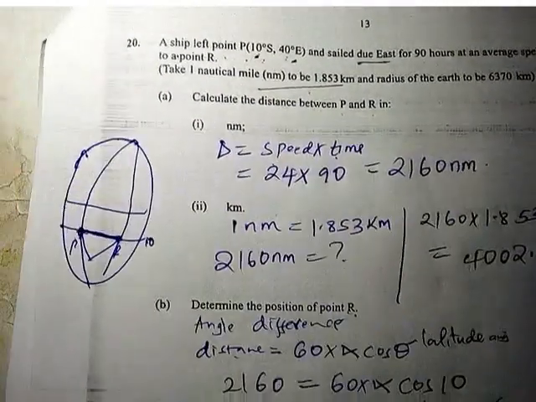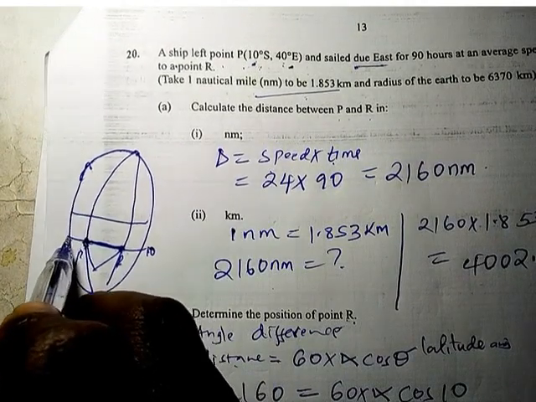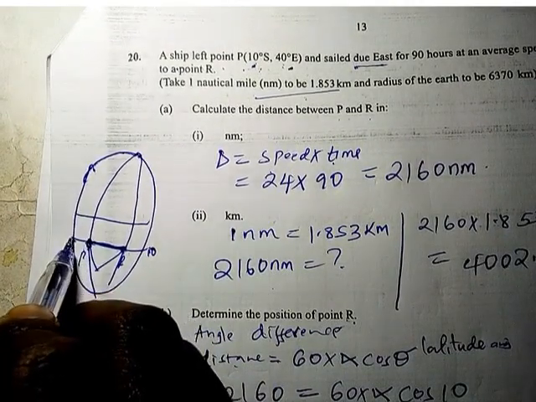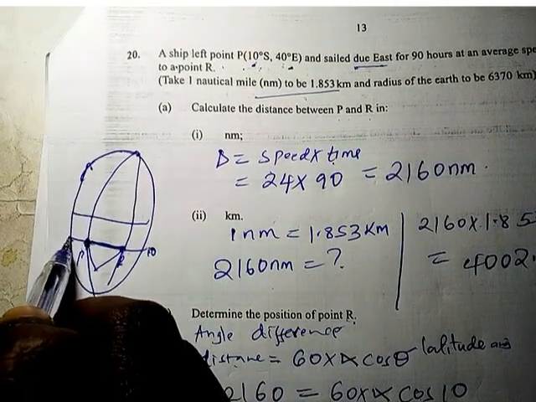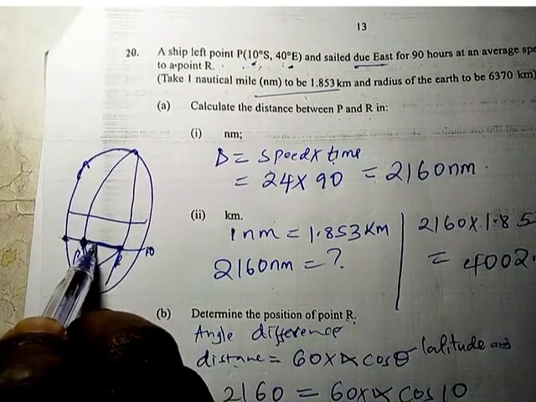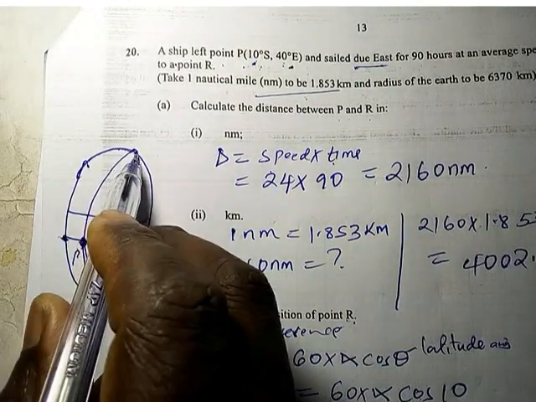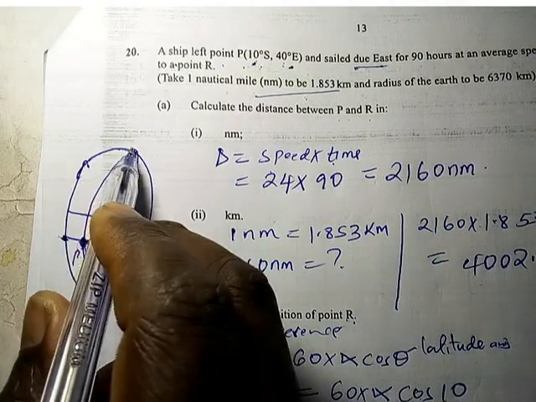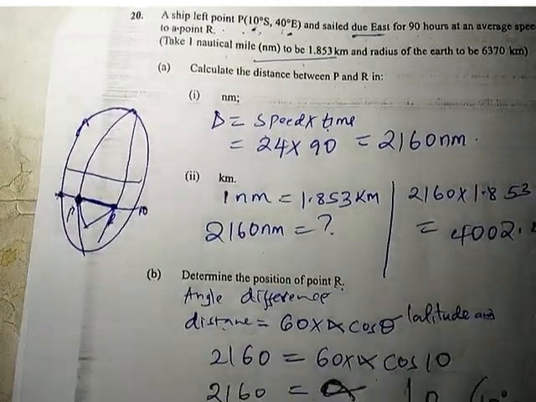If point R ilikuwa to the west, to get the time at this point we subtract. So kama hapa ilikuwa 11, we are going to subtract. When you move along the same latitude to a different longitude to the west, we subtract.